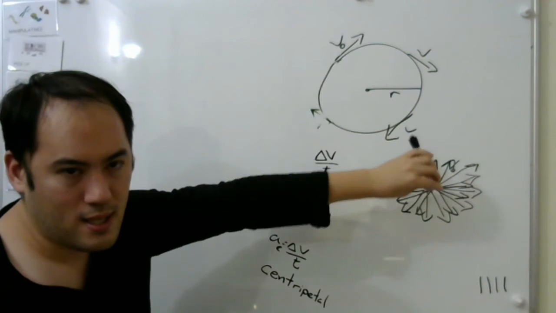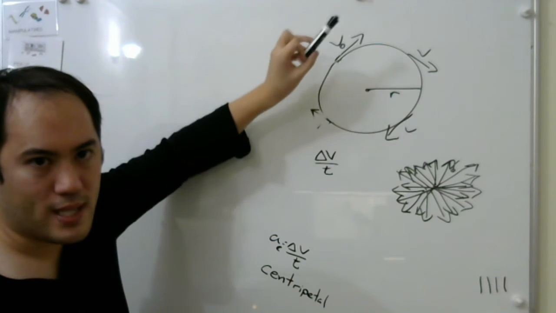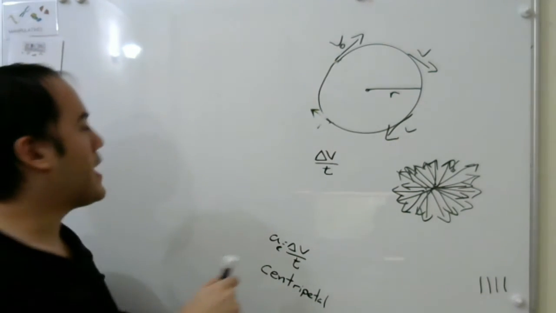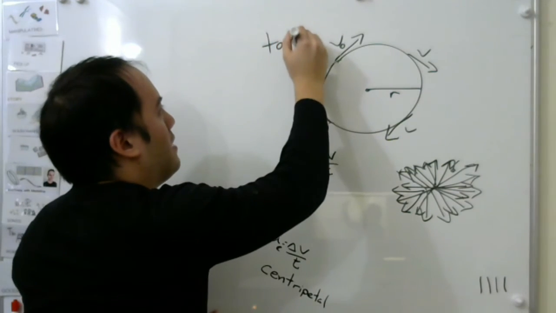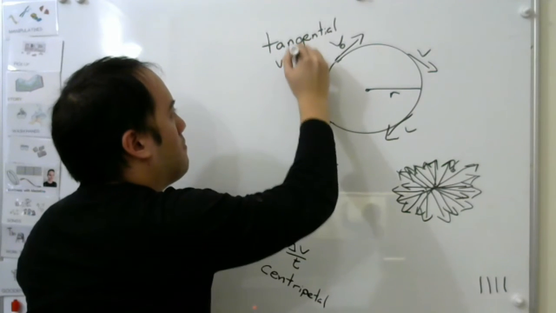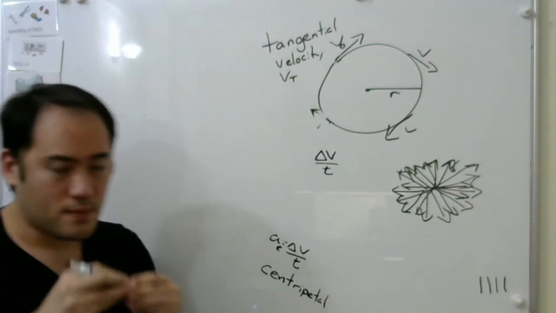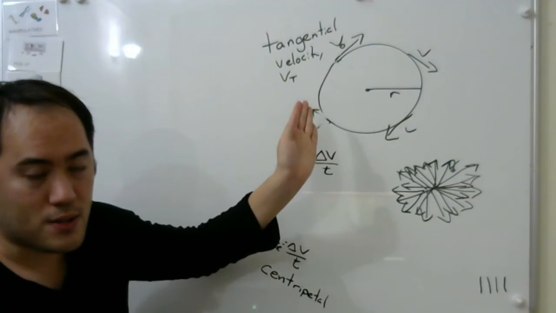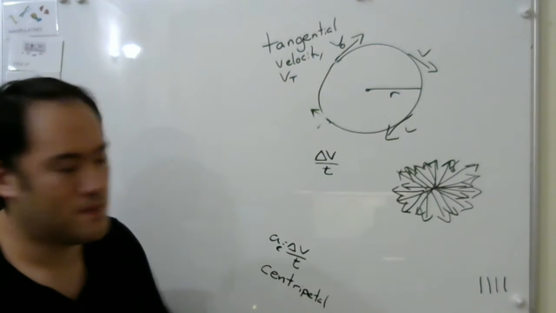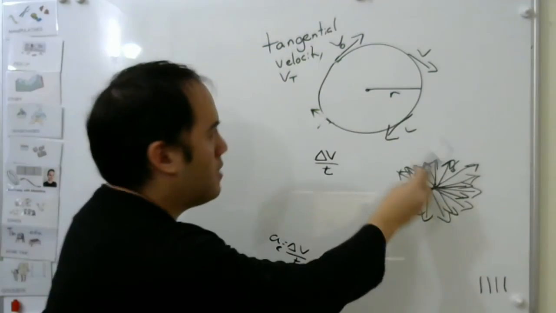Does that make sense? Around the circle, the velocity is always perpendicular to the surface of the circle. Another word is tangent, which is why this is called tangential velocity. Sometimes you write a t, vt. So at some point around the circle, the velocity is always in every direction of the circle. So what's delta v? It's not 0.